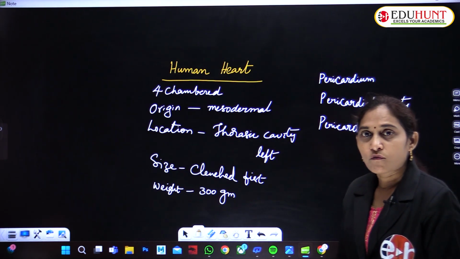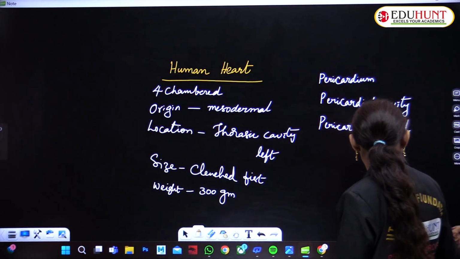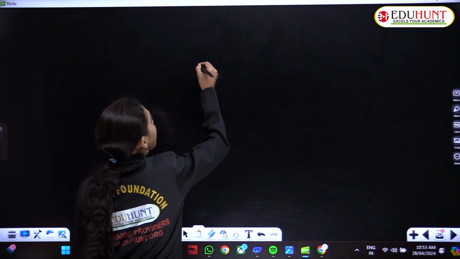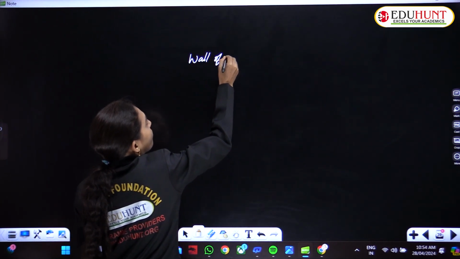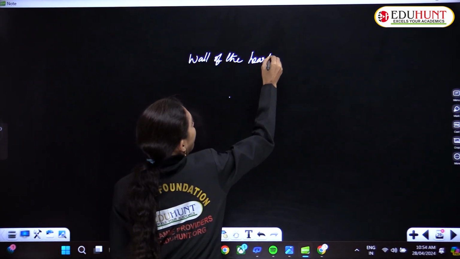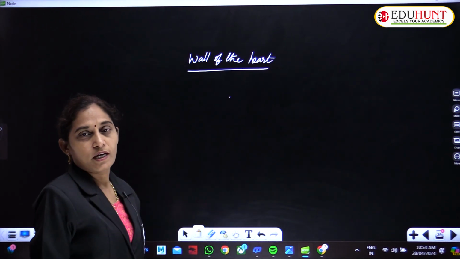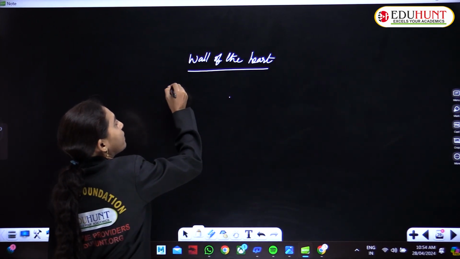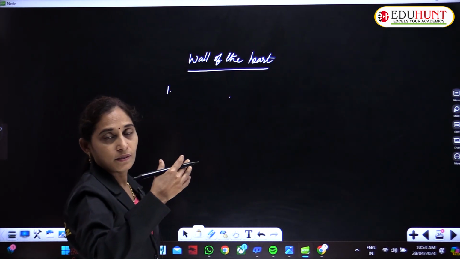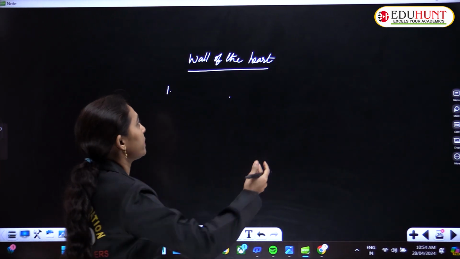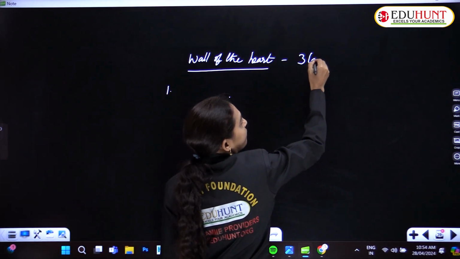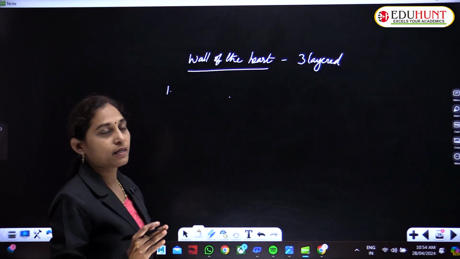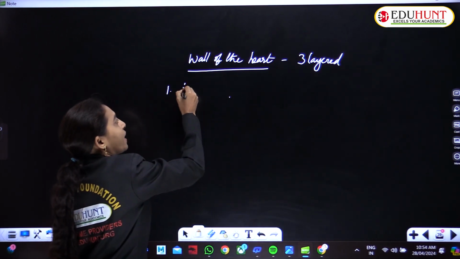And then the wall of the heart. What is the wall of the heart? The heart is a 3-layered wall, and the upper layer is known as the epicardium.